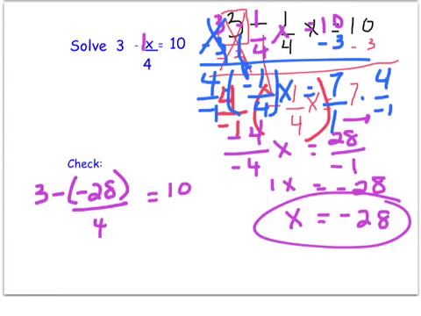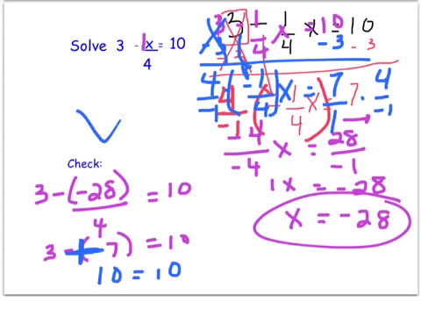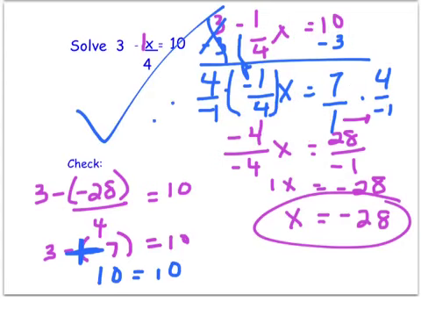So I'm going to do 3 minus, now negative 28 divided by 4 is negative 7. Whoa, there's two negatives. Equals 10. Now, what do we know about these two negatives? I can turn them into a positive so that I get 10 equals 10. Ta-da! Check. You rock. Good job.